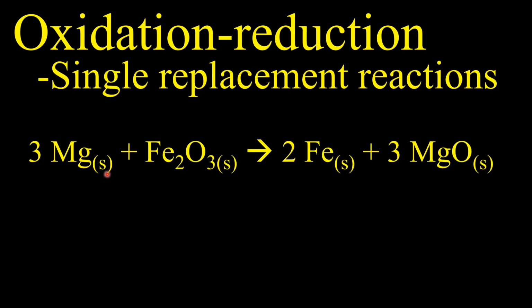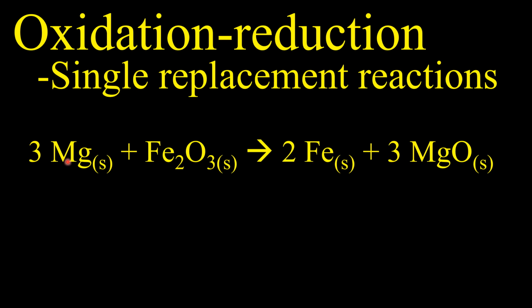So our example here is magnesium reacting with iron 3 oxide to make iron, just pure solid elemental iron, and magnesium oxide. So the magnesium is in the element form, and the iron here obviously has reacted and is in the iron plus 3 form. That's an ion form.